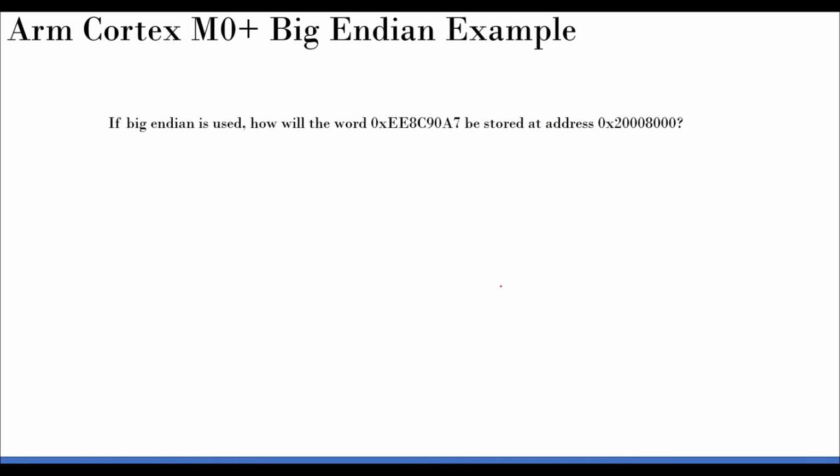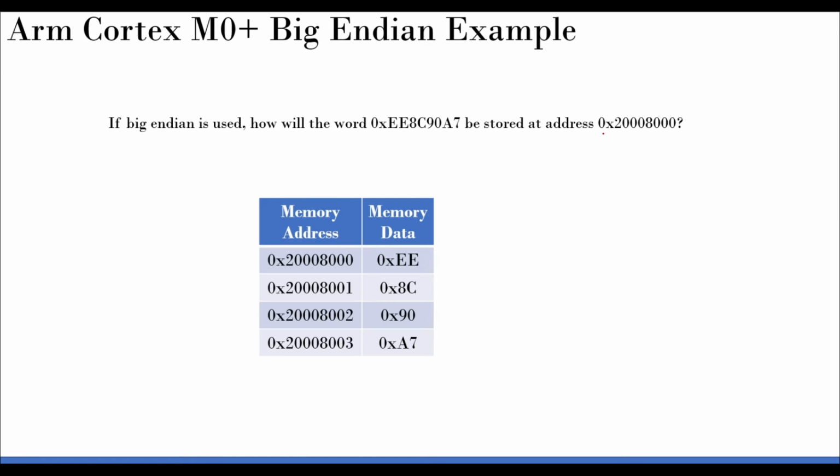I think it's not too confusing, but I'll have a trivia here so it becomes very clear for you. This is the word that you want to store, and this is the address location. So how will it get stored if it's big endian? Big endian means the more significant byte should go to the lowest address. So this is how it gets stored.